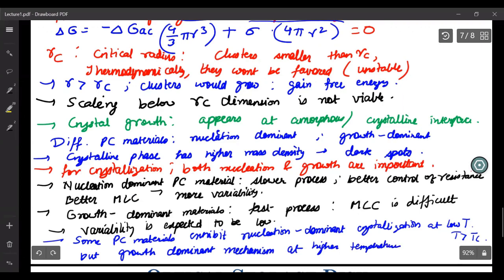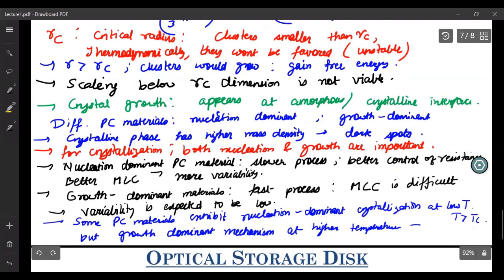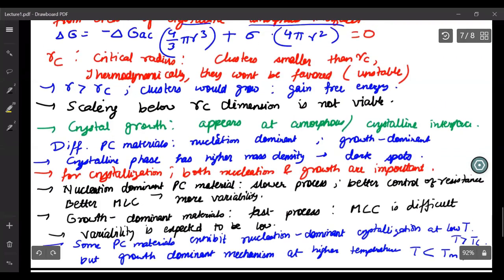But how high a temperature? That temperature should still be less than the melting point. So this gives you the freedom to tune into a regime where nucleation is the dominant mechanism or growth is the dominant mechanism. So you also have this kind of phenomenon which appears in some phase change materials. Okay.